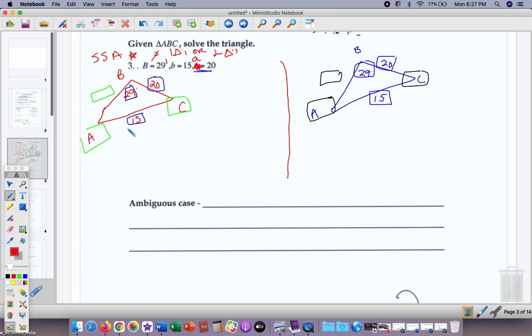Right now, we want to work with little b over sine B because we have all that information.